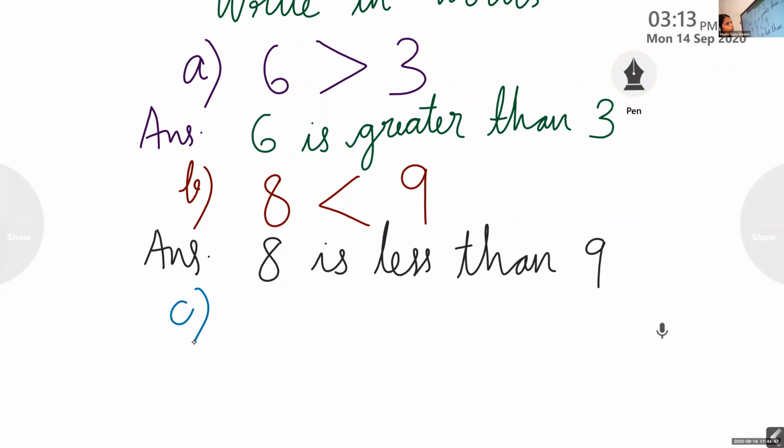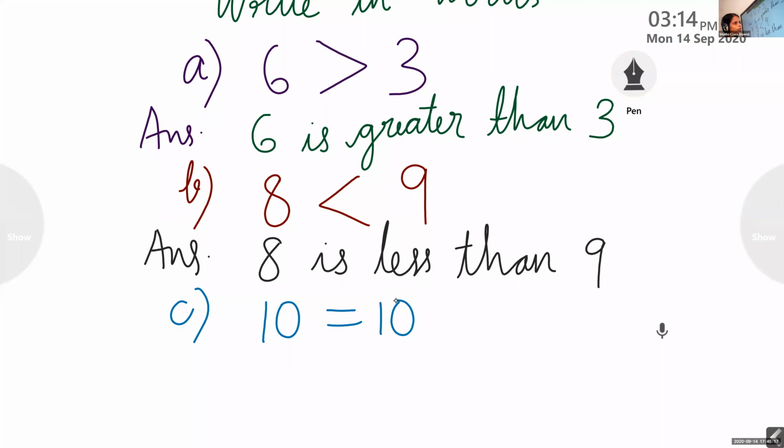And we have the last one for today's class. That is this one. Adityan, read this. Unmute and tell me. How will we read this? 10 is equal to 10.